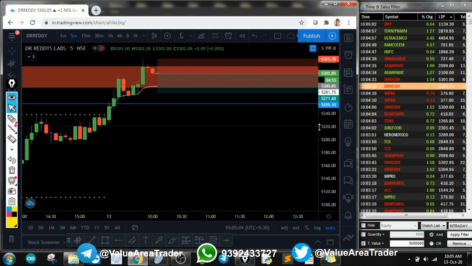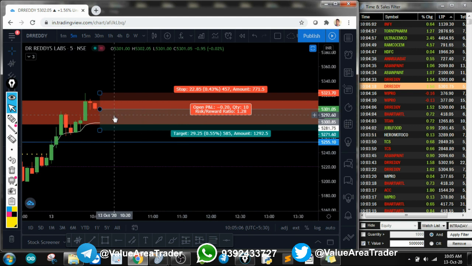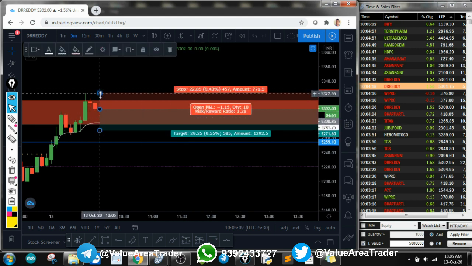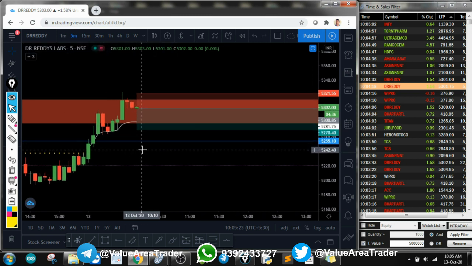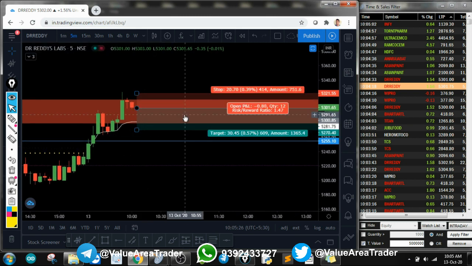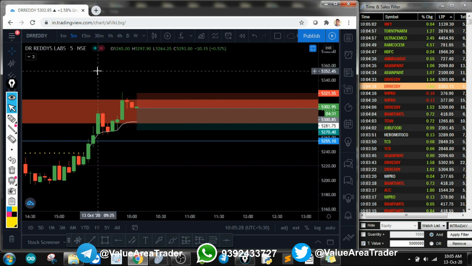Let's see, do we have a good risk reward ratio? 1.28. I'll keep my stop loss a little smaller, and it has to come down to the VWAP, I suppose. So we'll keep a 1.4 risk reward ratio. Let's see. 20 rupees to 30 rupees is my loss. So let's see if we can take a small scalping.